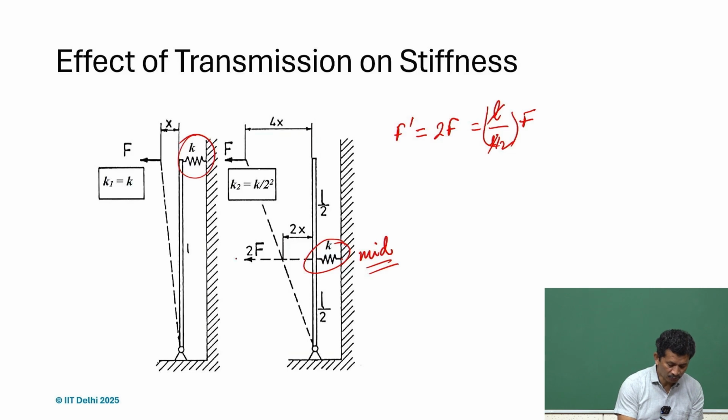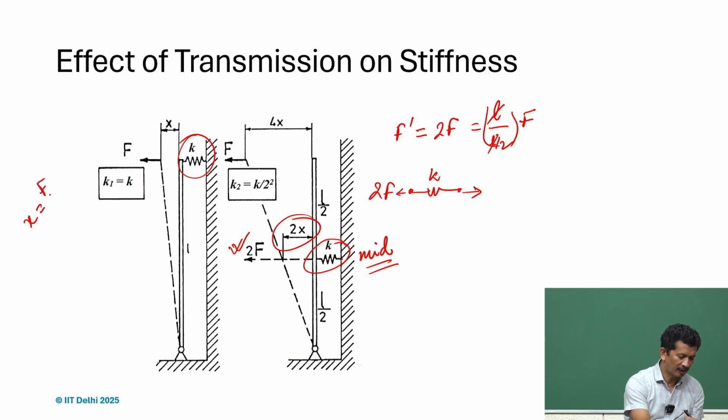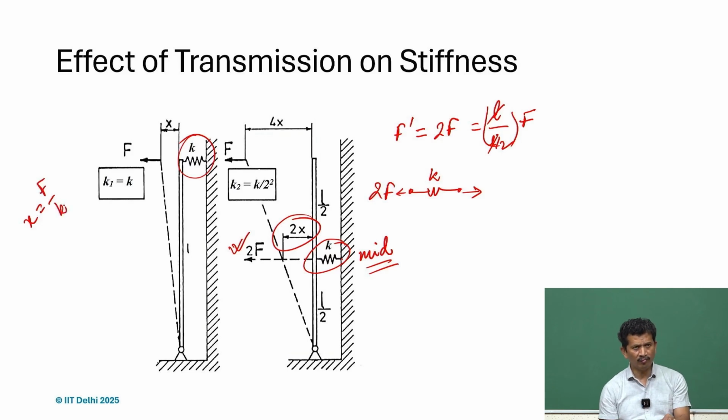But if we apply 2F here to the same spring K, we realize that the deflection here is 2x, 2 times. It has already increased; earlier it was only x, where x is defined as F by K. Now, same K, 2F is applied, so this will be 2x.